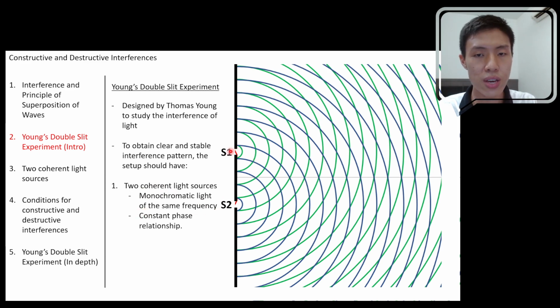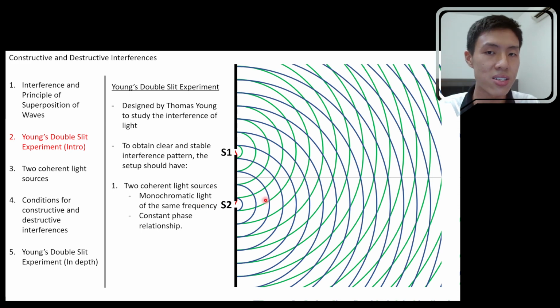If I tell you S1 and S2 are two coherent light sources, the two lights that emerge from them have to be monochromatic light of the same frequency. Mono means one, chromatic means color. So the light coming out from source 1 and the light coming out from source 2 have to be the same color, one color only.